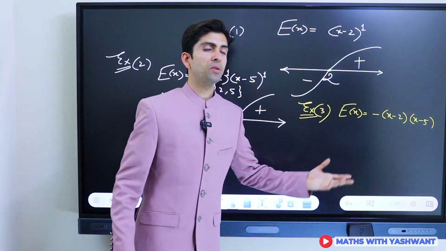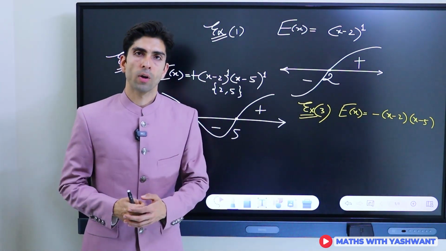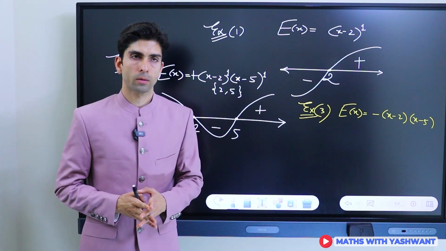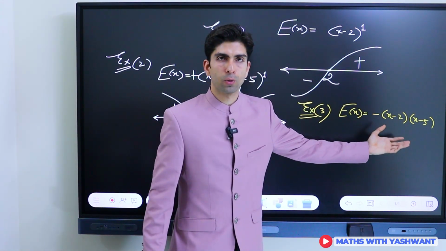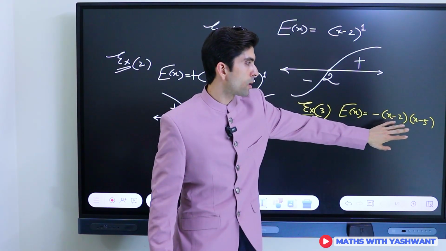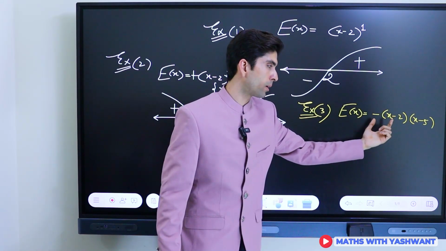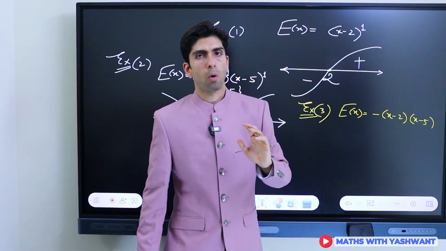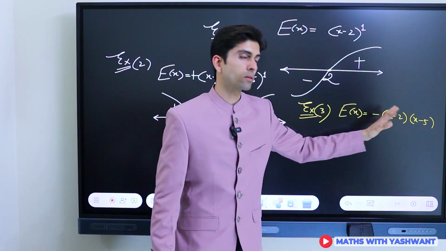I am repeating the steps or the working rule of the wavy curve again and again so that you get accustomed to all this. So first of all, we have to make sure that in the expression the linear factors are expressed in the product form, which is okay here. You can see that the linear factors are expressed in the product form, and in all the linear factors the coefficient of the variable, which in this case happens to be x, is positive 1.